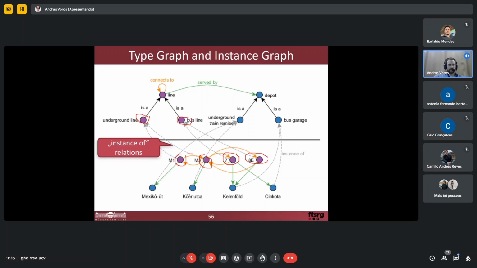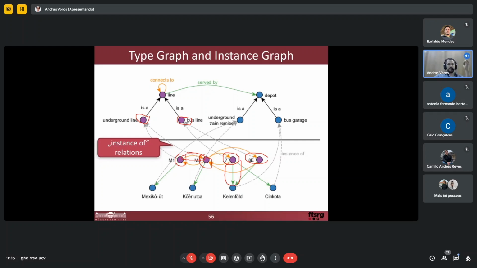They are connected. So those are connected that are connected in the city. Not everything with everything else, we just design the routes in the city. And you can also have these served-by relationships here that you can see.